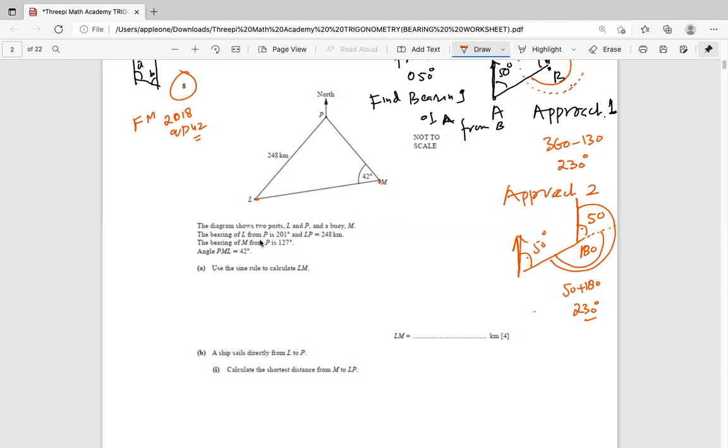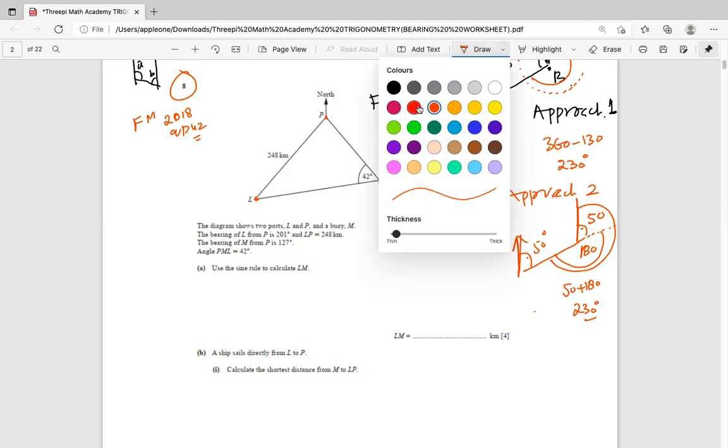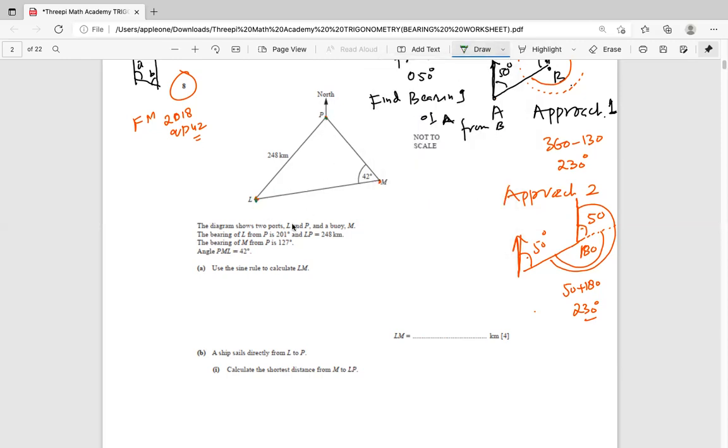Now see, they say the bearing of L from P. This is L, that is P. Let me change the color. Look, this is L, that is P. This is the bearing of L from P. So we will join L and P, then clockwise and from north.